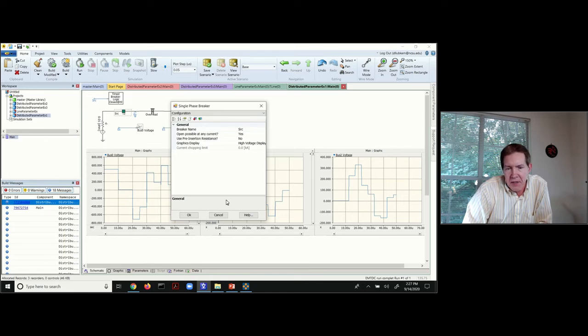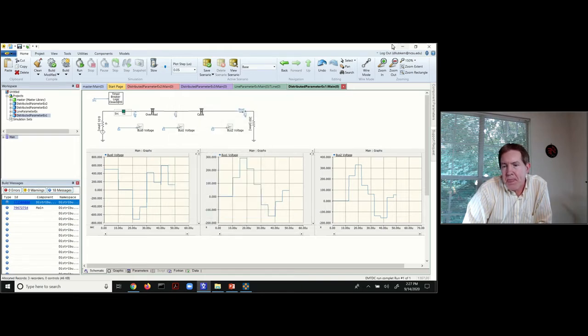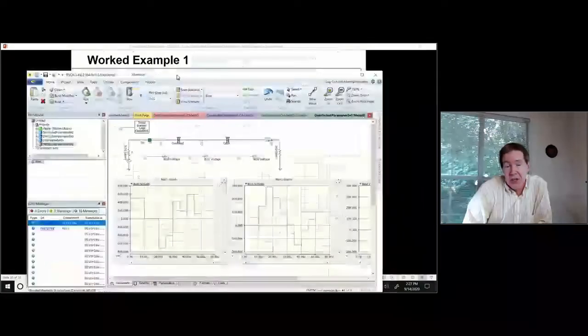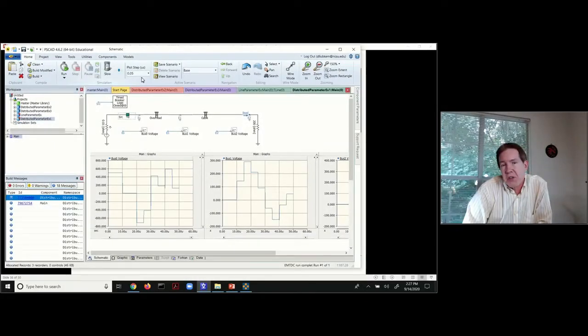That's actually how I do that. So if I go back and take a look at the way this is modeled, basically this is a 10 microsecond pulse. So I'm modeling the pulse effect by just opening and closing the switch. I leave the switch initially closed and open it after 10 microseconds.